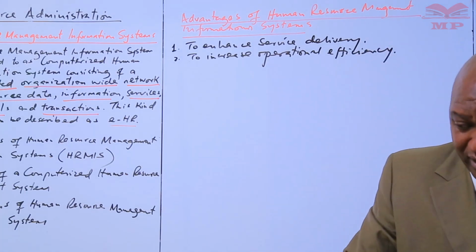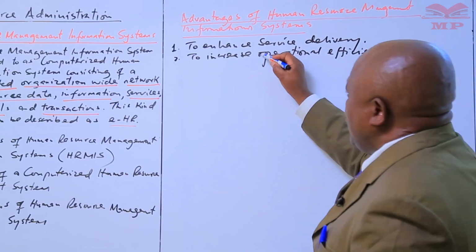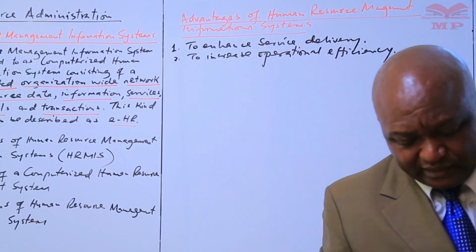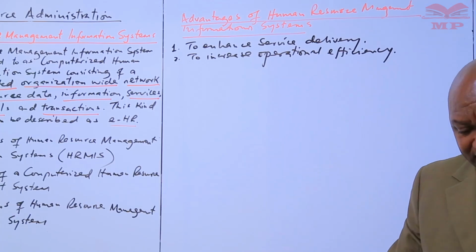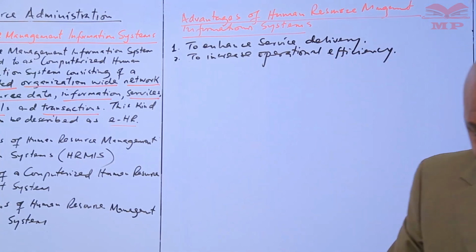They don't want you to give them stories. They want real-time decisions or real-time solutions at the point when that information is needed. So when you have a human resource management information system, it is possible and practical to provide efficient services.